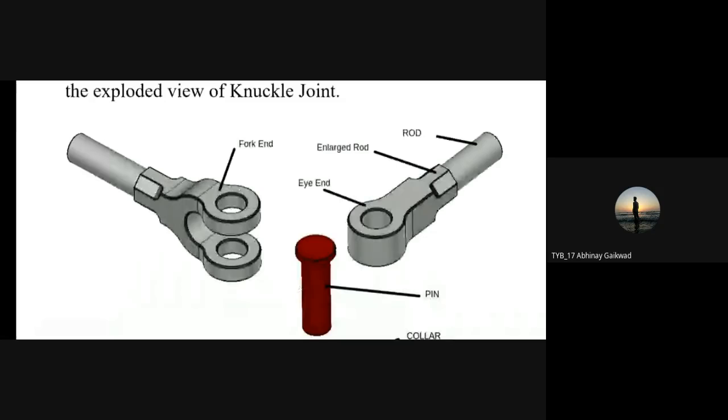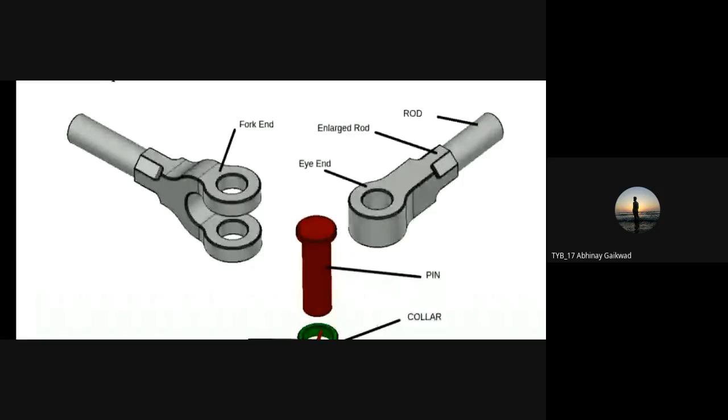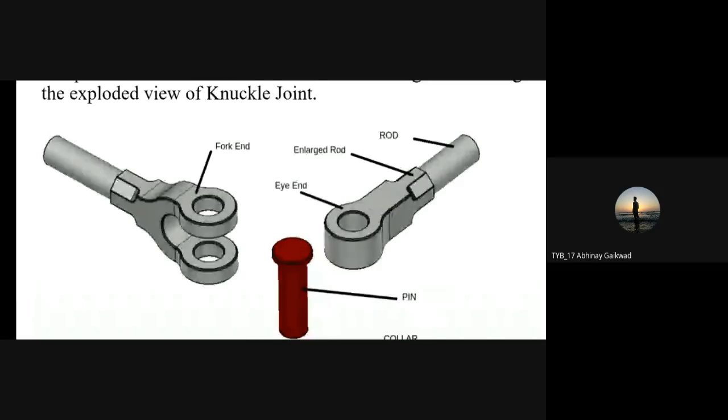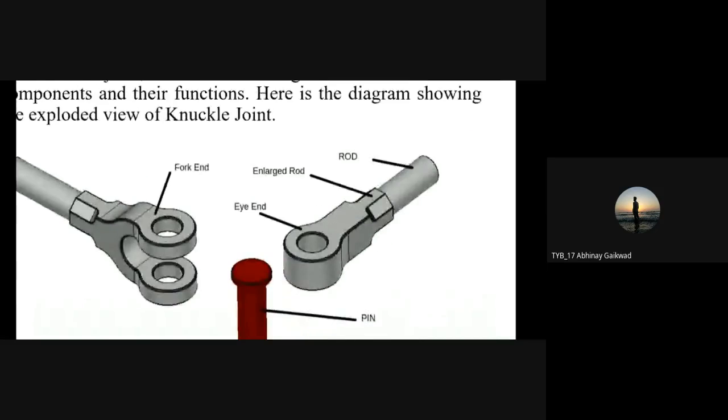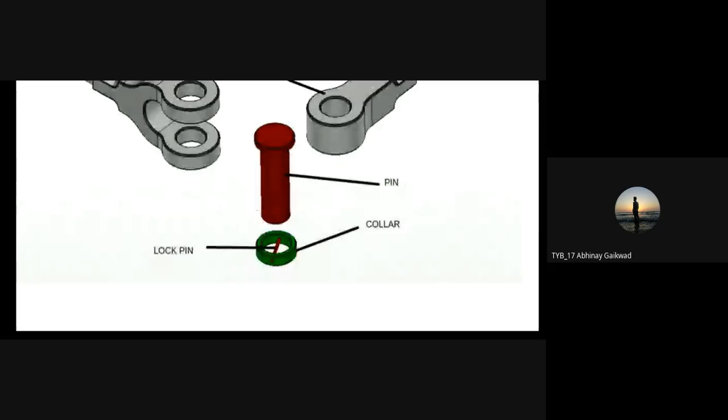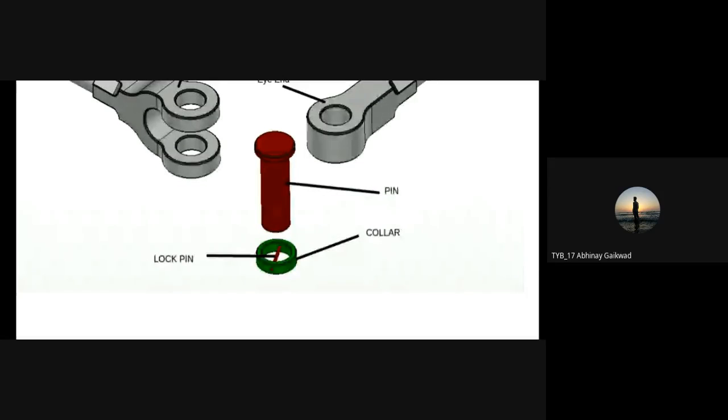The fork end looks like a fork, with two sides, an upper side and a lower side. In between the two, we insert the eye section, and when it is inserted in the fork, we insert the pin, shown here in red, through the hole provided. That pin becomes the joint.